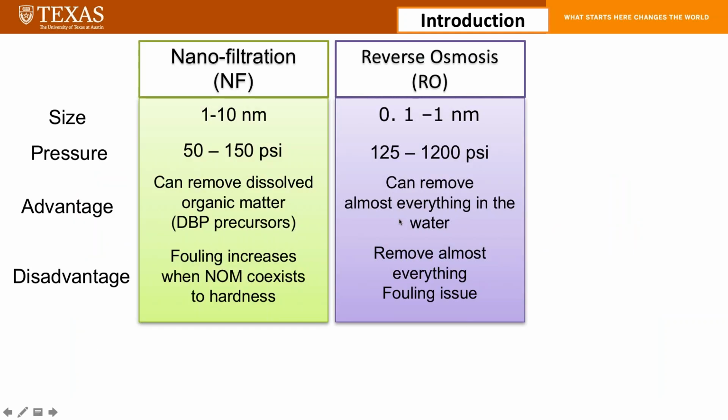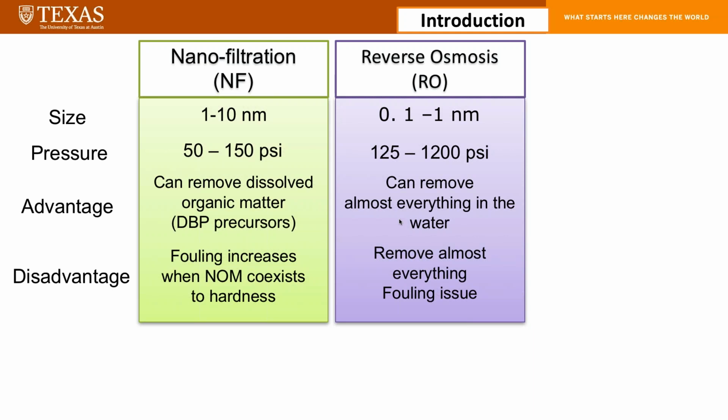NF pore size is 1 to 10 nanometers, and the pressure for the membrane system is 50 to 150 psi. The advantage of nanofiltration is that it can remove dissolved organic matter. But the disadvantage is fouling increases when NOM coexists with hardness.